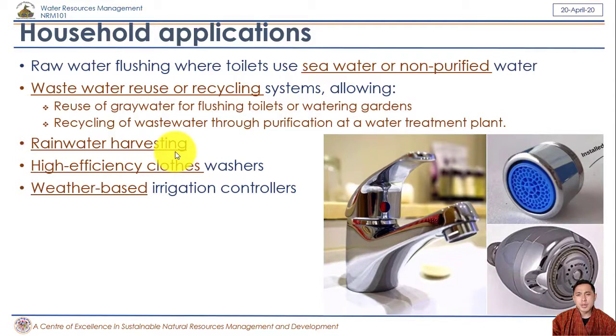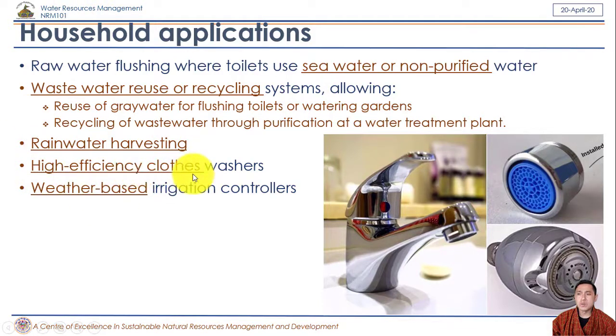Or if you are staying in a hostel, you can always look at this possibility to harvest rainwater. We have a separate unit on how to harvest rainwater, and we'll be looking at that unit again. But just know that at household level, you can always use rainwater to have maximum utilization of water, so that you do not waste fresh water that's scarce.